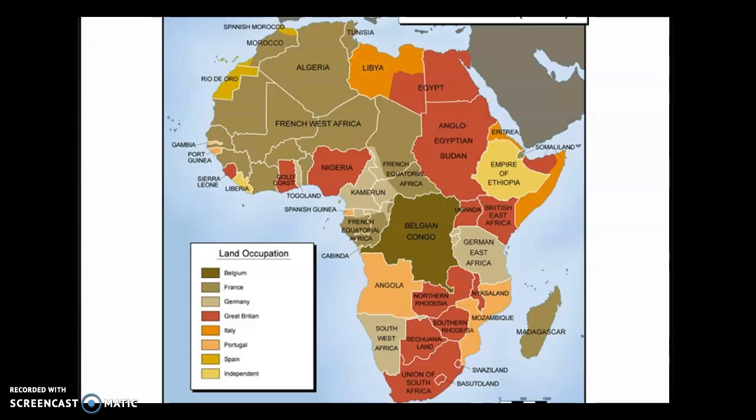And so as you're looking at these this week, keep in mind what types of resources might be in Africa and how this imperialism is going to be affecting not only the imperializing country, but the imperialized country. How is the imperialism going to be affecting the Belgians that live in Belgium and the Congolese that are being taken over? Okay, so have fun this week with the assignments.